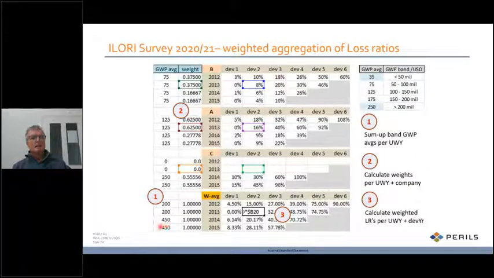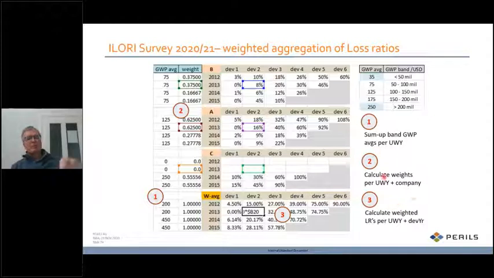In addition to that, from company C, which steps in with their statistics, it's 450. It's pretty straightforward. From this, we then calculate the weight of every single company and every single underwriting year.